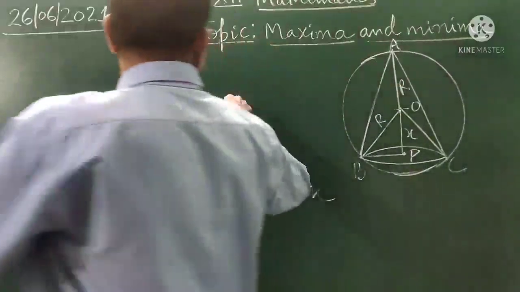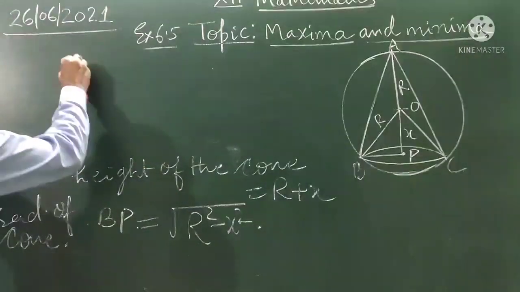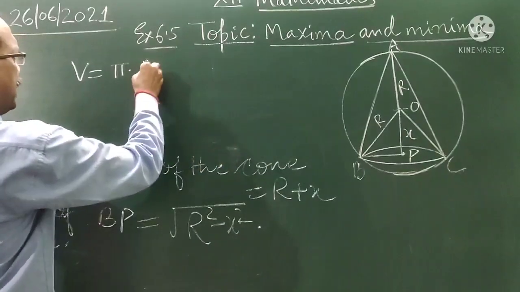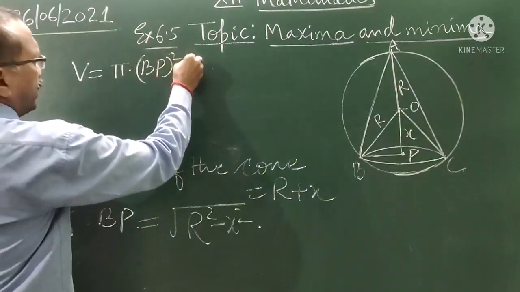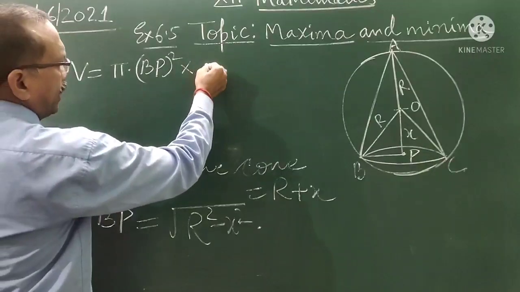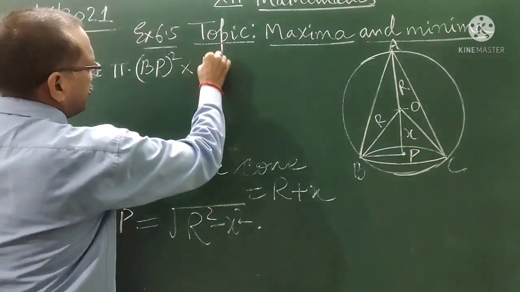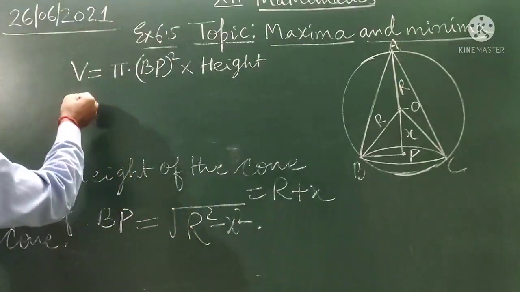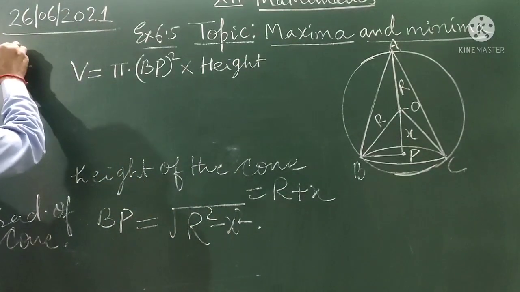Now, the volume of the cone is pi by 3 into its radius BP square into height. Height is R plus X. It is the volume of the cone.